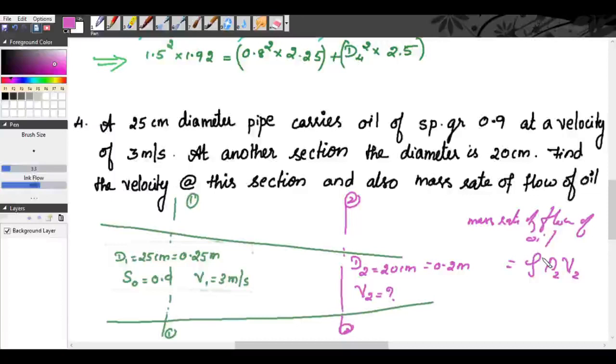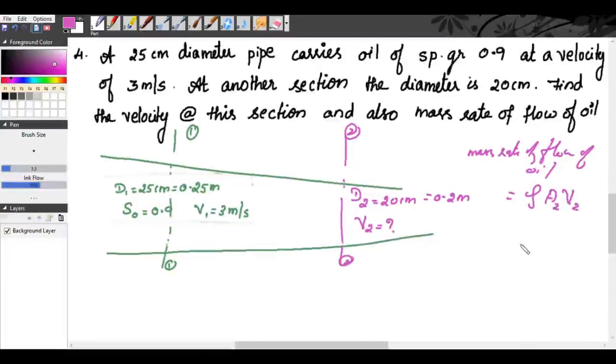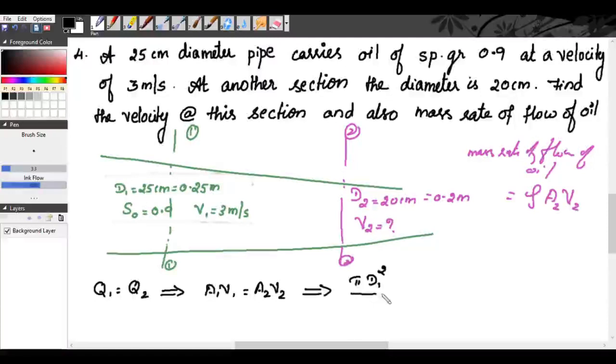Now, first of all, we know Q1 is equal to Q2. Therefore, A1 V1 is equal to A2 V2, from which we get pi D1 square by 4 into V1 is equal to pi D2 square by 4 into V2.